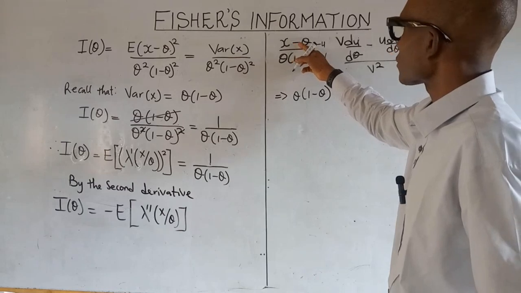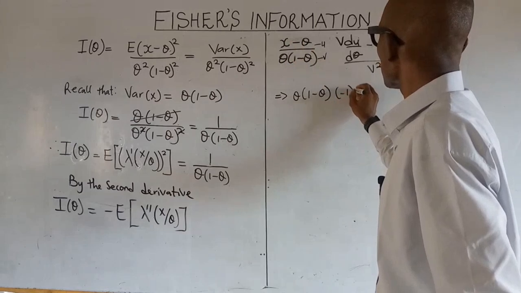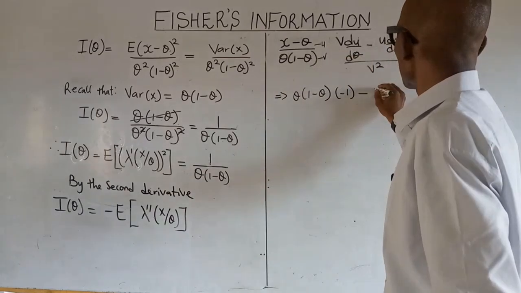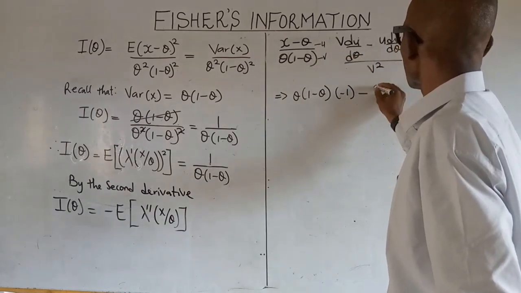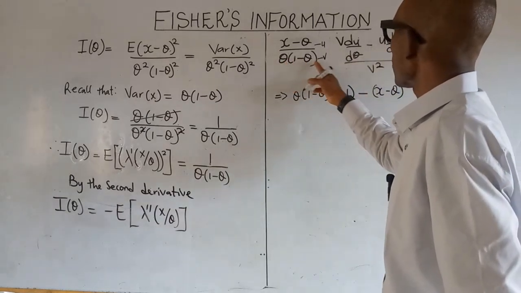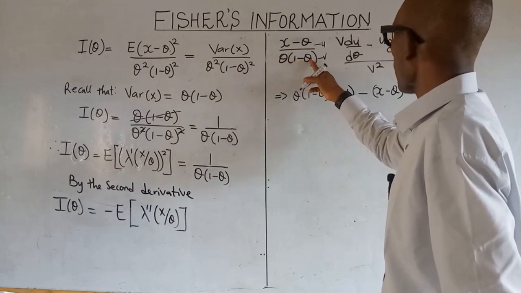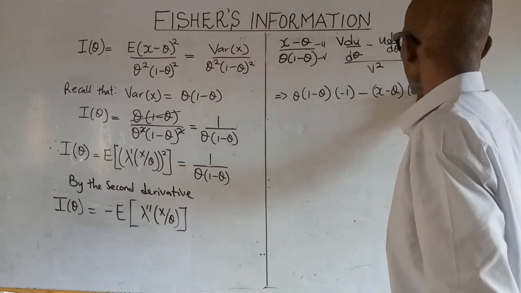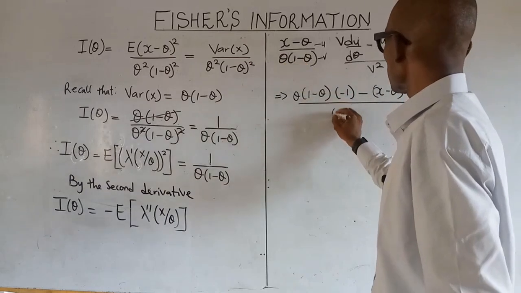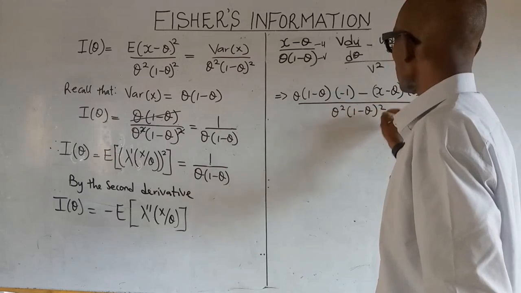We differentiate this, and du by d theta is 1. Minus u, which is x minus theta, times dv by d theta. dv by d theta is 1 minus 1, which is 0. So we have 0 here, all over v squared. This is v, which is theta squared times 1 minus theta all squared.